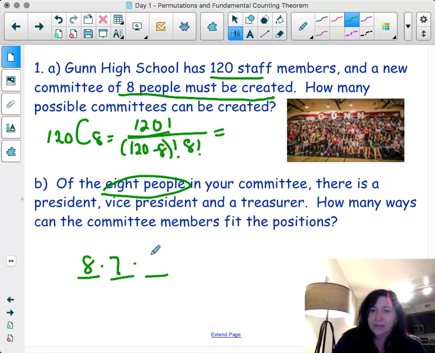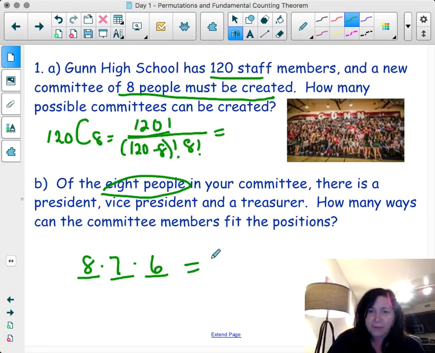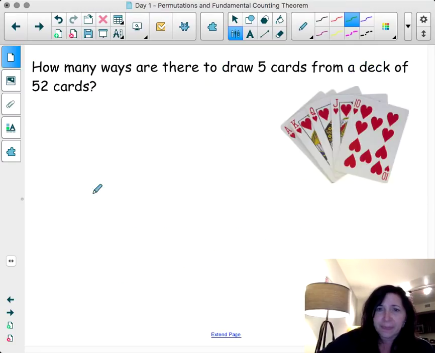And then the next time, excuse me, 8, 7, 6. So 8 times 7 times 6. What is that? 336. So you have 336 choices to choose between the president, vice president, and the treasurer.